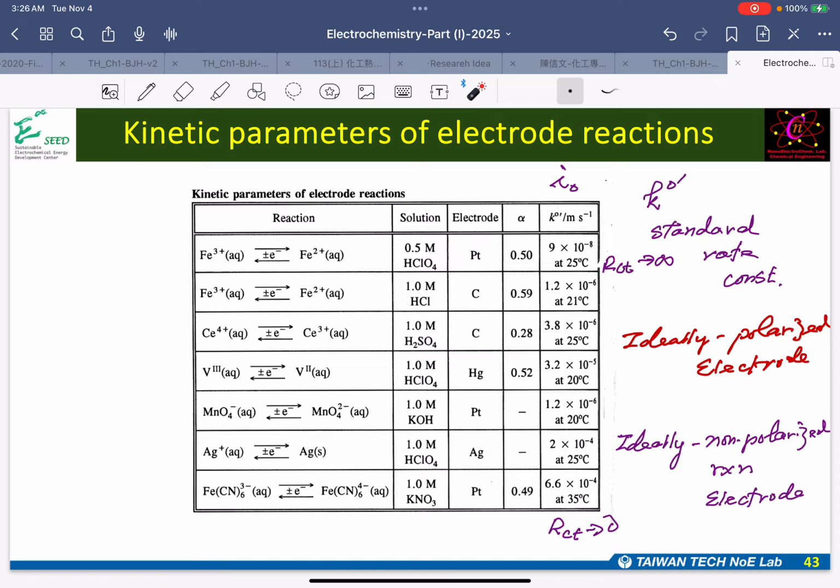So if you look at the polarization curve we mentioned, this would be the small I0, right? This I0 is very small. This I0 is large.